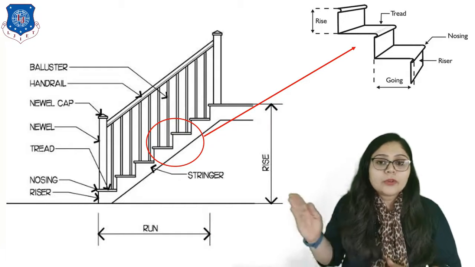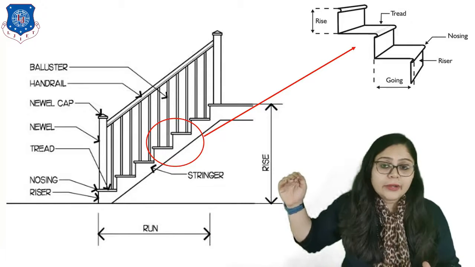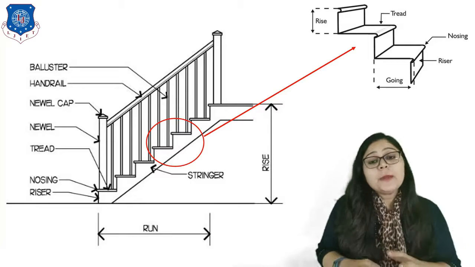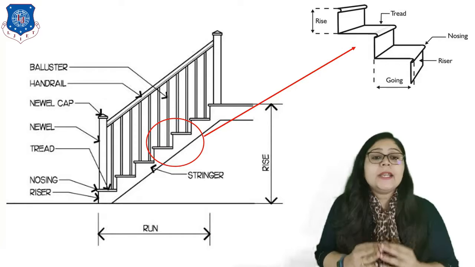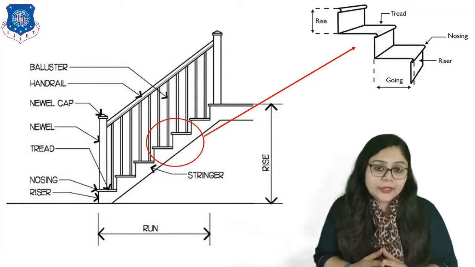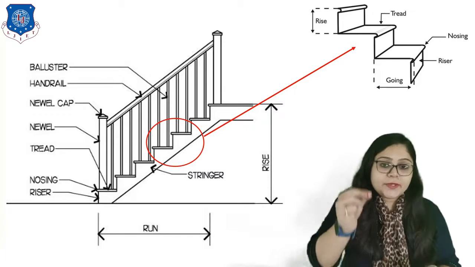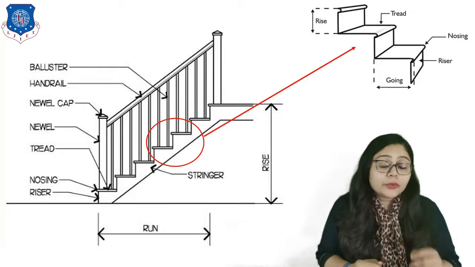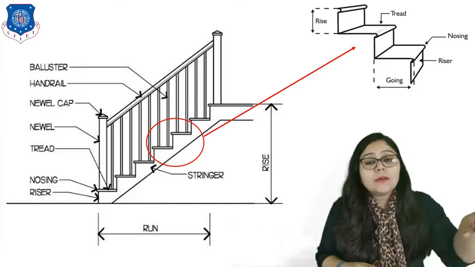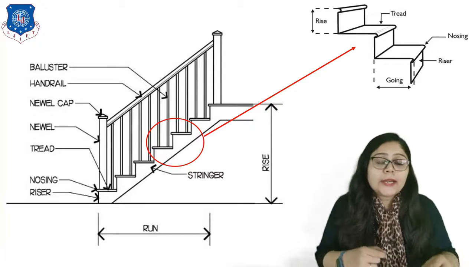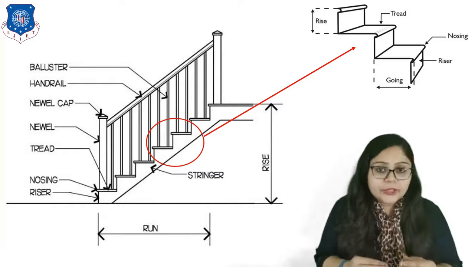Now, moving to our first figure, you can see the riser, nosing and tread. If we provide only steps, it is difficult to maintain the safety factor. For that, we provide vertical strips at each step. That vertical strip is known as the baluster. And for hand support, we provide a connecting handrail across all balusters for more safety, right?